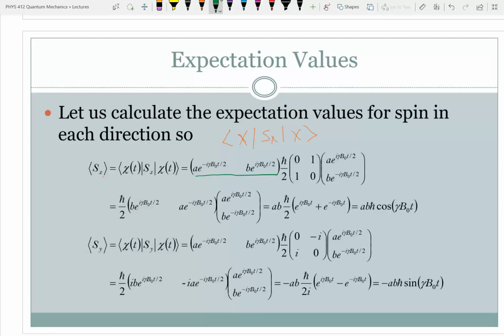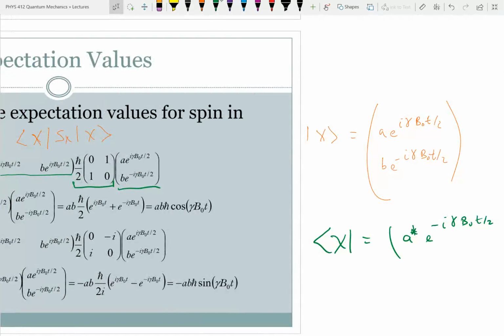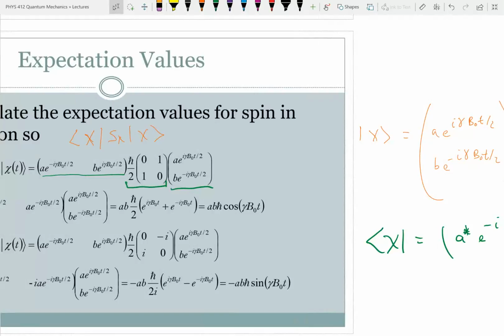And then I have my Sx matrix, and then the ket chi. Now to multiply these, I always multiply one first, then the other. I can't do all of them in one step.